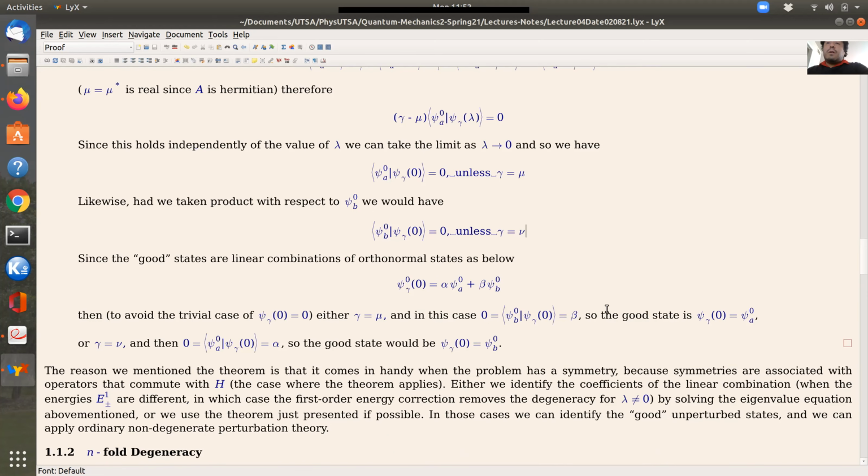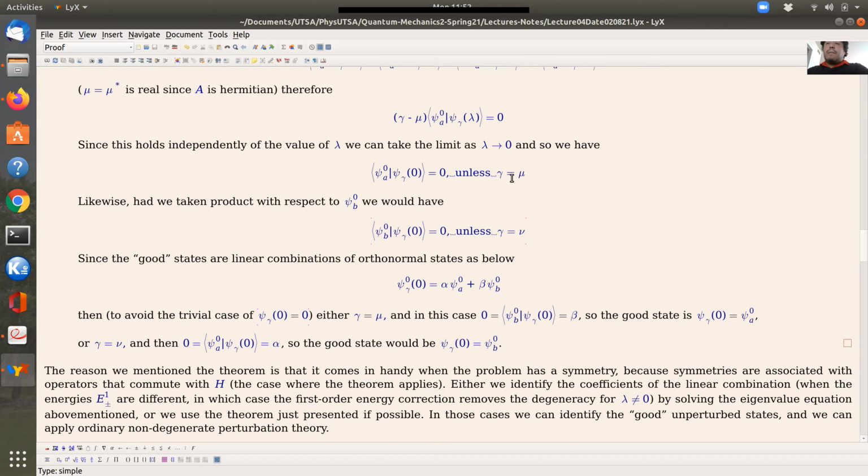And so the good states are linear combinations of orthonormal states as below. You cannot have the trivial solution of psi gamma of 0 equal to 0, because that would mean the projection with all the elements of the basis is 0, and therefore the function, or the vector in that eigenspace, is 0.